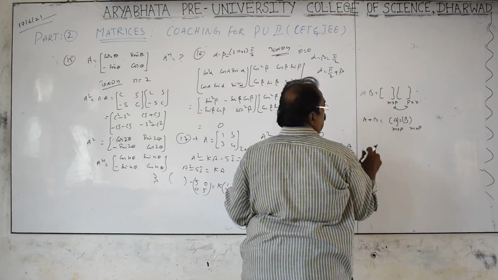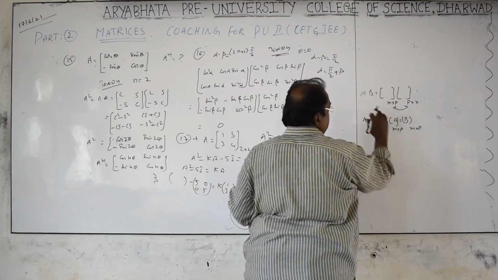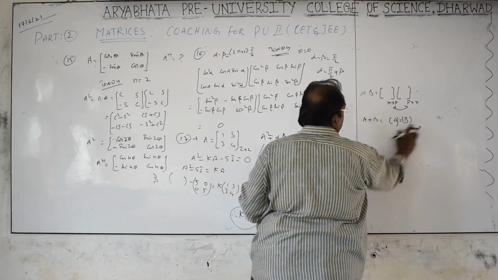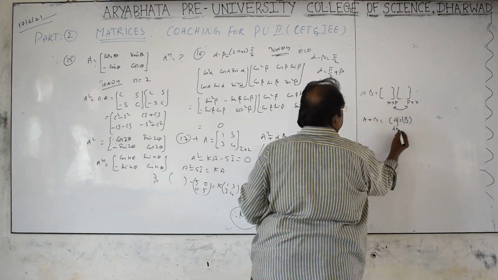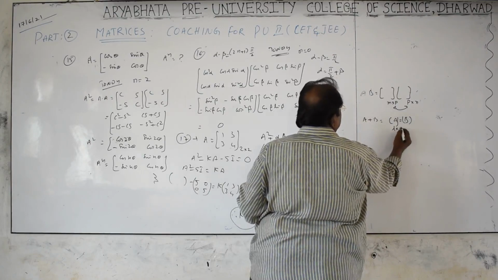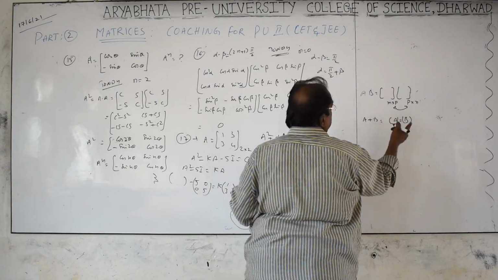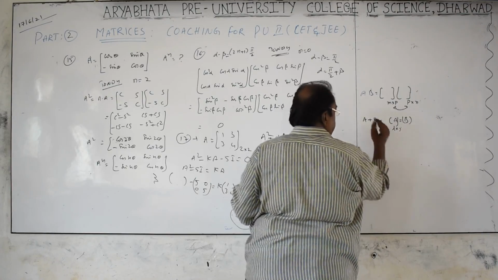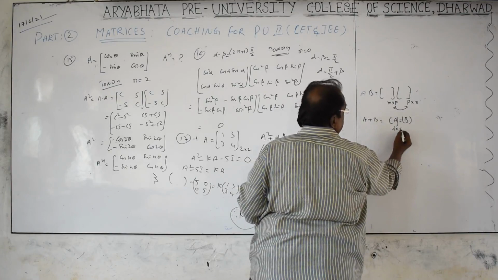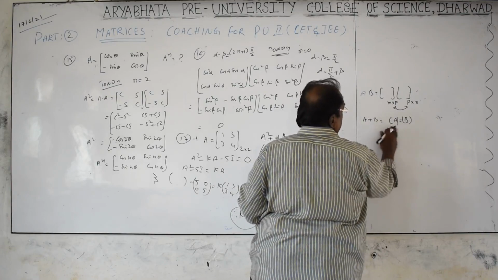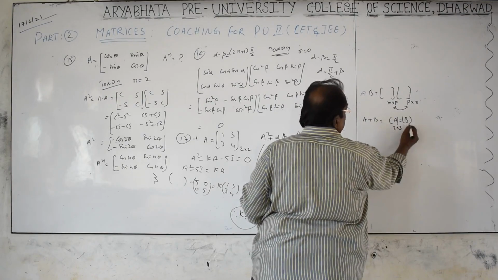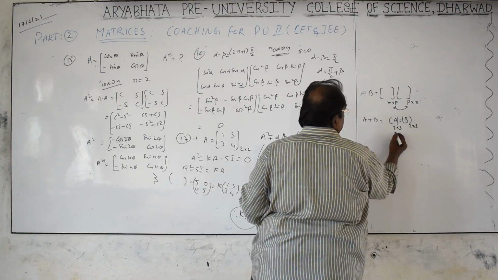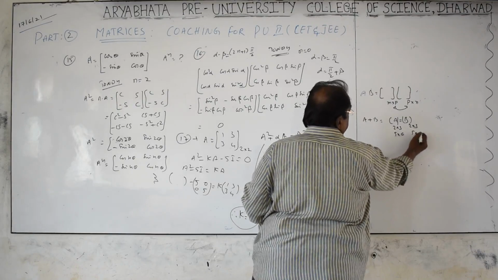So by using these two concepts, A is M by P and B is P by N, so P and M must be equal. For addition, it is the same order: suppose it is 2 by 3, the other is also 2 by 3; suppose it is 5 by 6, it must be 5 by 6.